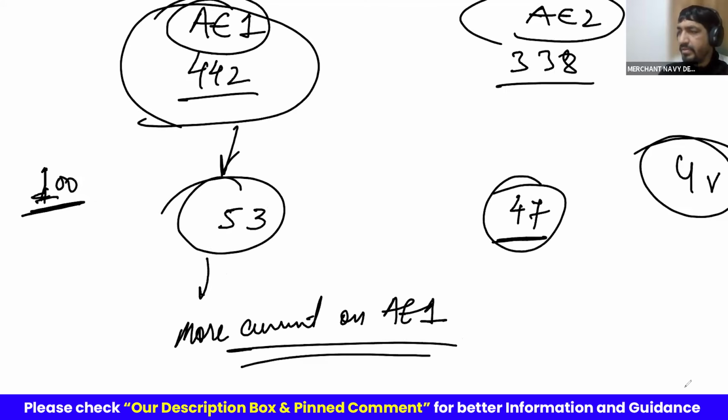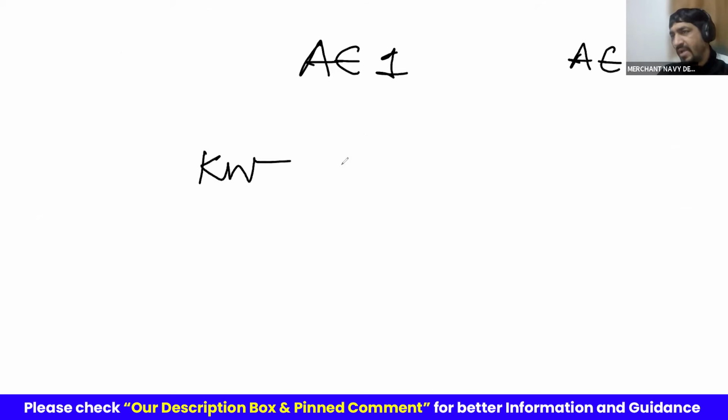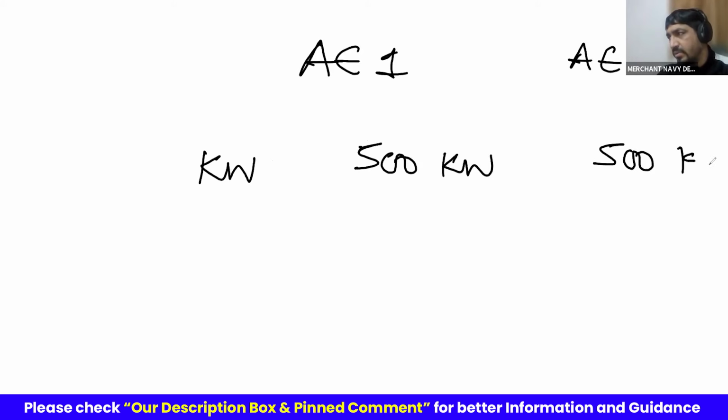So you will see on the panel that kilowatt is correctly shared on both the AEs. Let's say AE1 and AE2 have equal kilowatt sharing, maybe 500 kilowatt each.